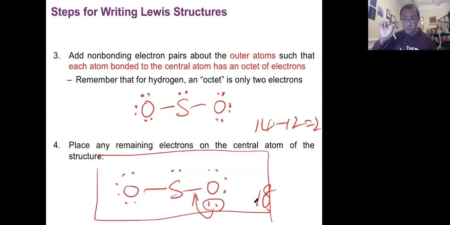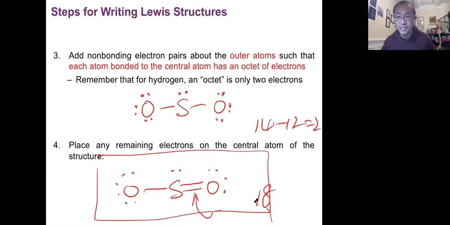I borrowed 2 electrons from oxygen, but I'm not taking it away. I'm just changing non-bonding to bonding. These 2 still belong to oxygen, but now instead of belonging to oxygen itself, now they are shared. So we create a double bond.